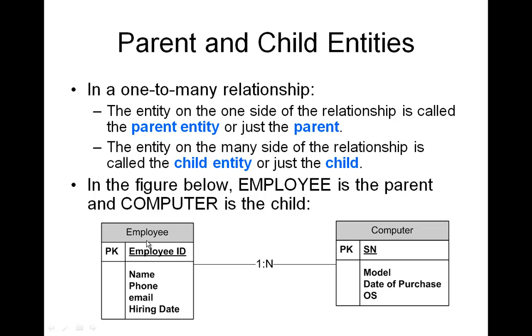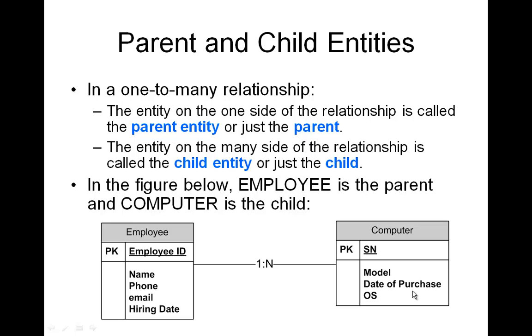We have an entity called employee with identifier called employee ID, and I have the attributes name, phone, email, and hiring date, while on the other side I have an entity computer which is identified by serial number, and we have the attributes model, date of purchase, and operating system. This is a one-to-many relation.